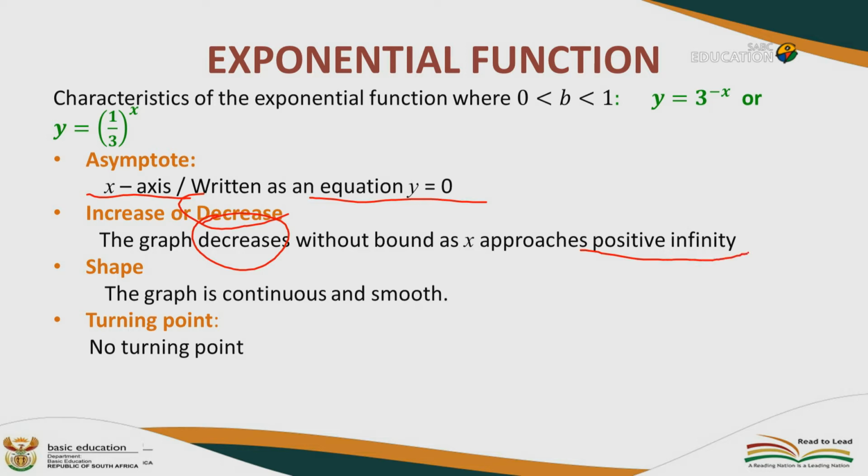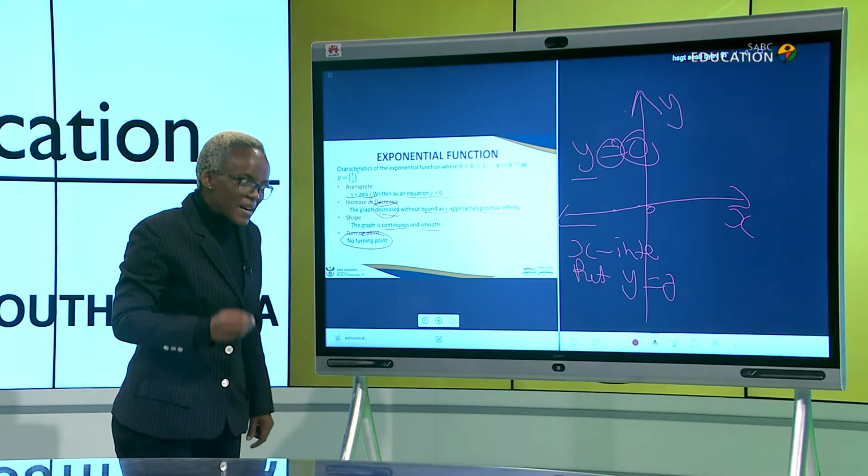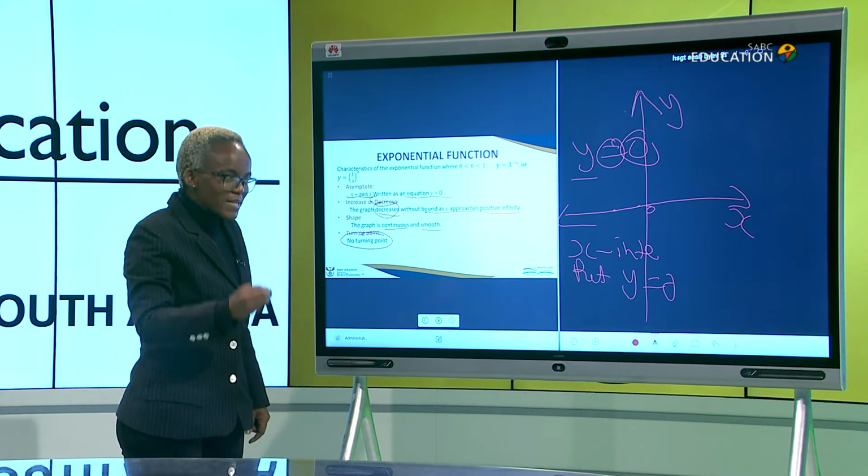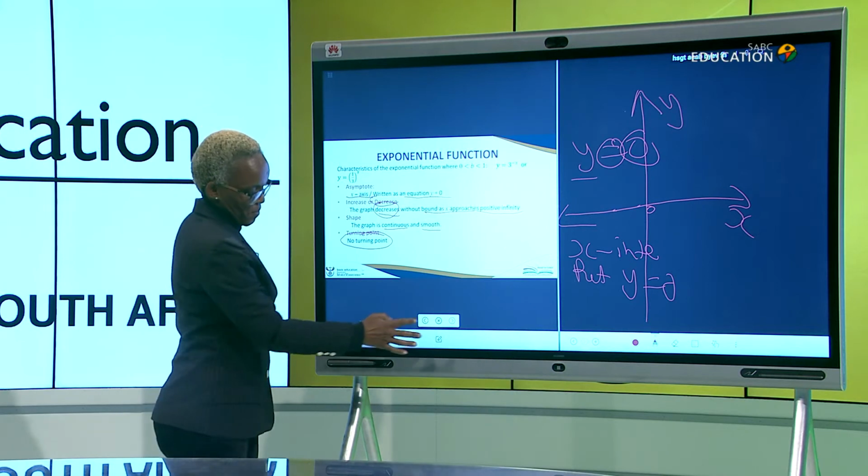The graph decreases without bound. So what is the shape? Its graph is a continuous smooth graph. Turning point: no. The graph does not have a turning point because it's a curve.